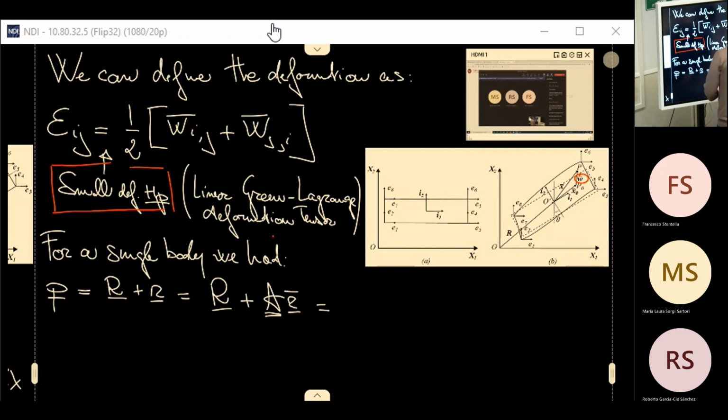And again, to further develop this expression, the local position could be expressed as the initial contribution plus what I was writing before.